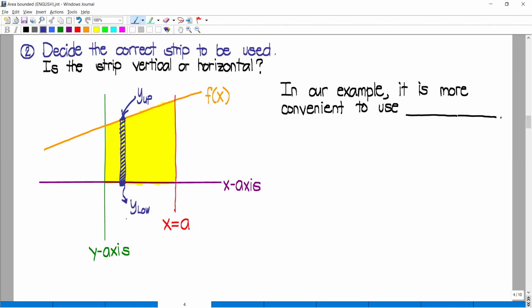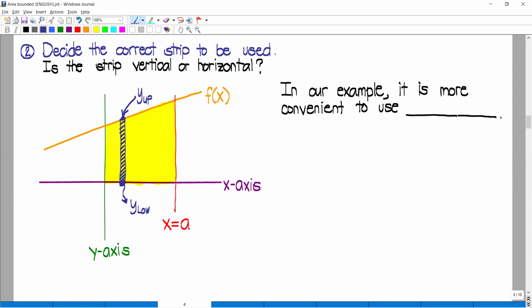So the question is, for the letter A, are the y up and y low touching two different curves? Now that is the help of our color coded lines. So for a much easier question, are the y up and y low touching two different colors?